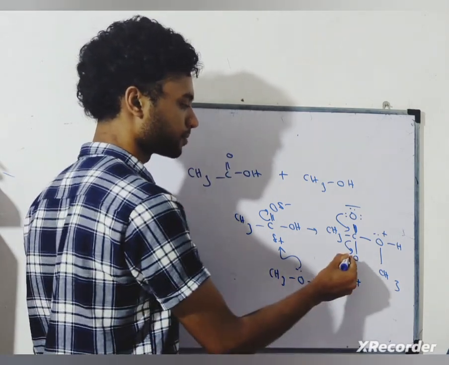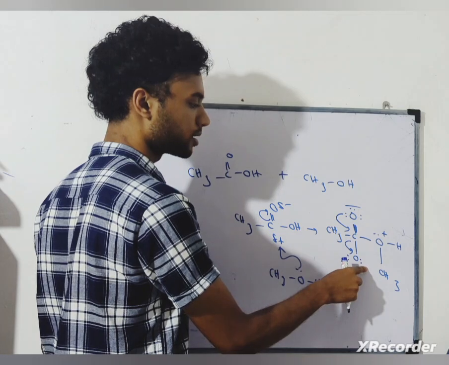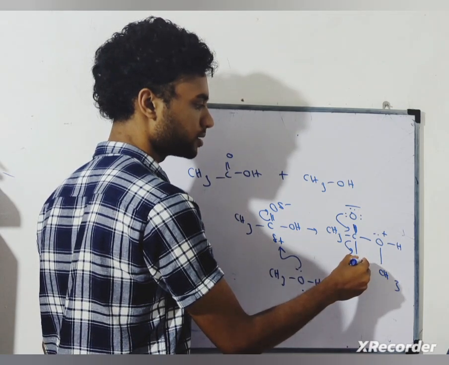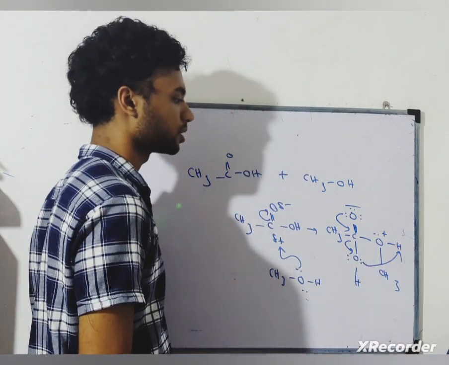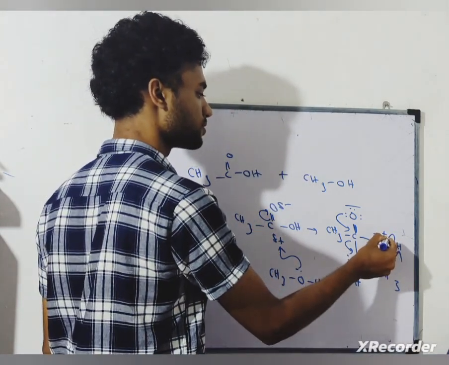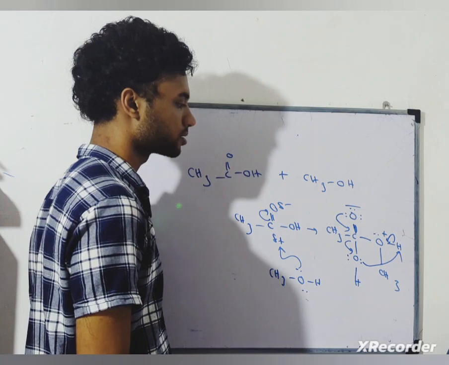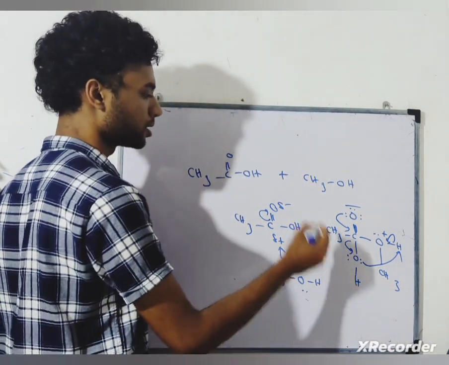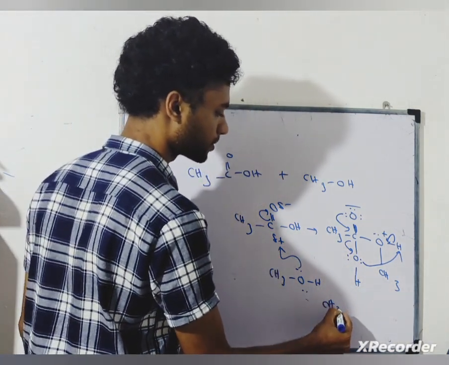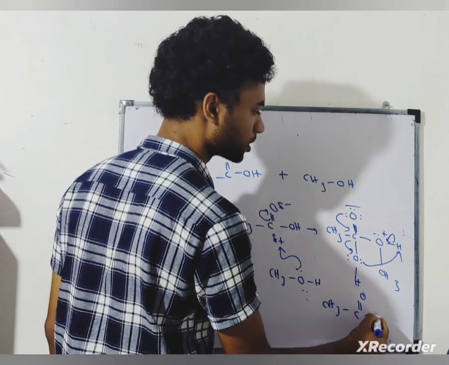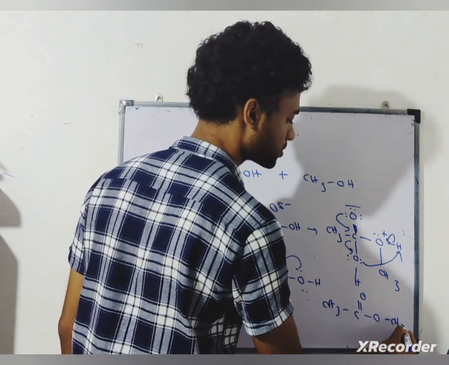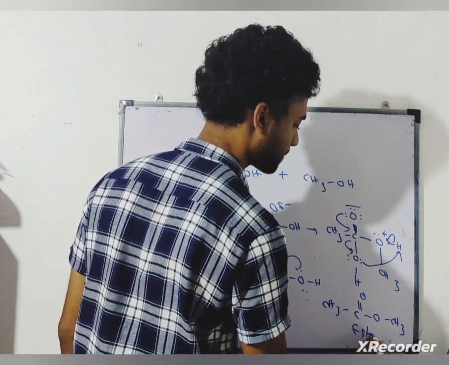Then this oxygen donates these electrons to hydrogen. Then this hydrogen gives this bond to oxygen. They finally form CH3, C double bond O, O, CH3. This is an ester.